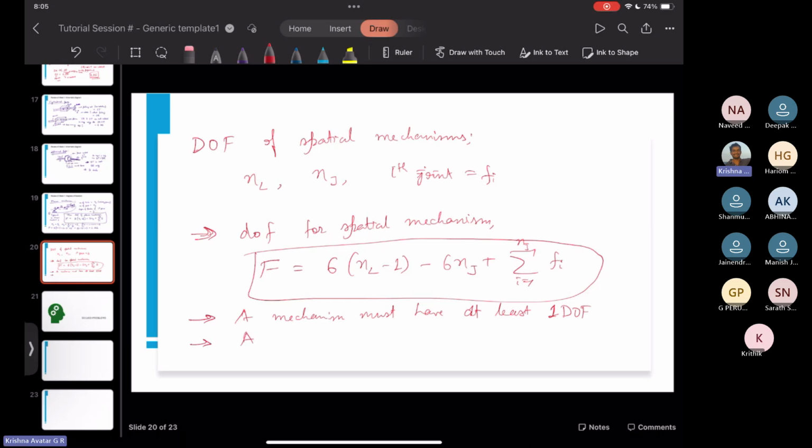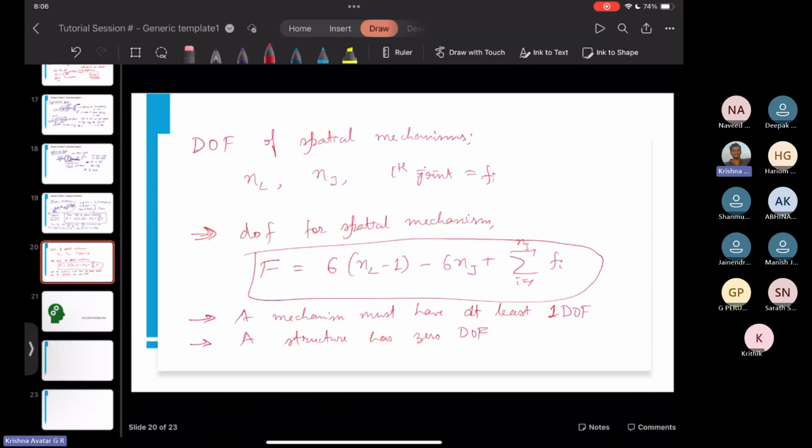Second thing is, a structure has zero DOF. Say a dam or a bridge, they all have 0 degrees of freedom. Even a solid body fixed somewhere, say a tower, has 0 degrees of freedom.